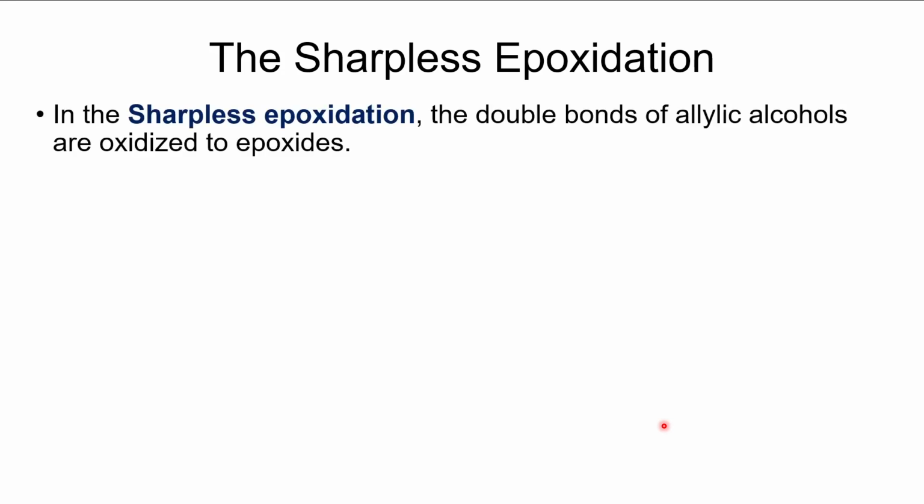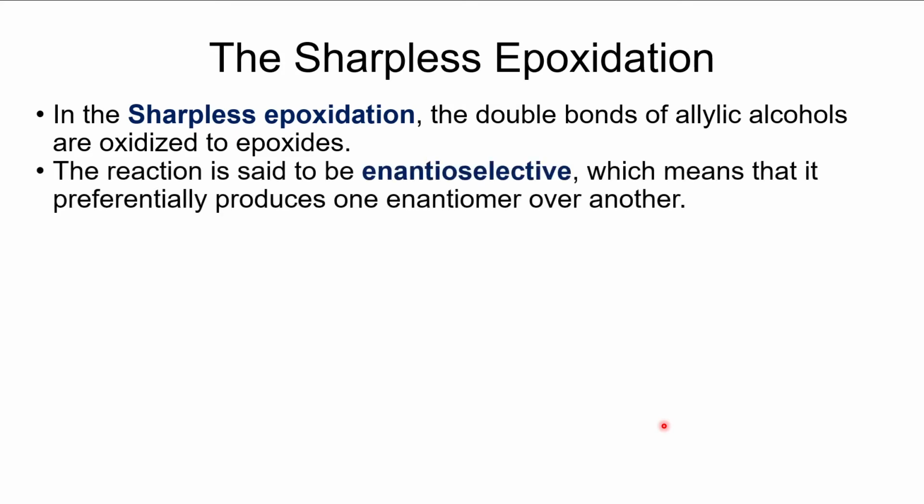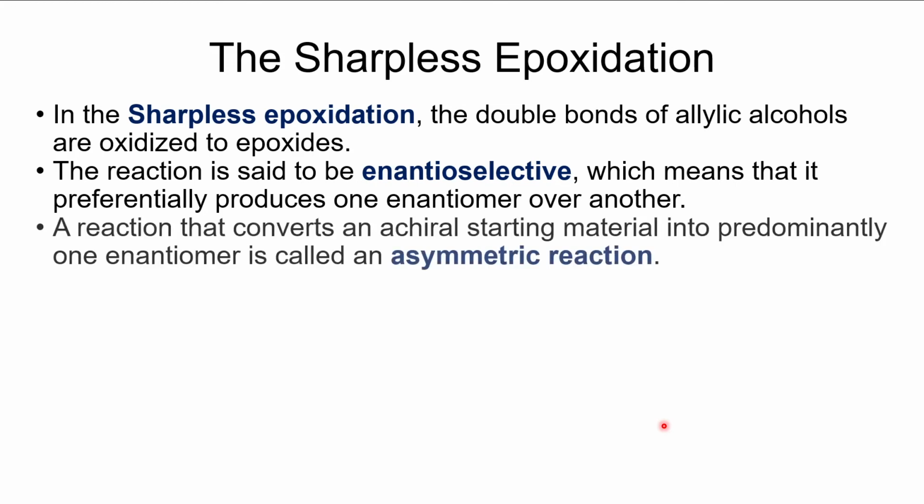In the Sharpless epoxidation, the double bonds of an allylic alcohol can be converted into an epoxide. This is an enantioselective reaction, which means that we get one enantiomer over another enantiomer. A reaction that converts an achiral starting material into one enantiomer is called an asymmetric reaction. And again, the only way you can do this is if you have chiral reagents. And our Sharpless reagents are chiral.